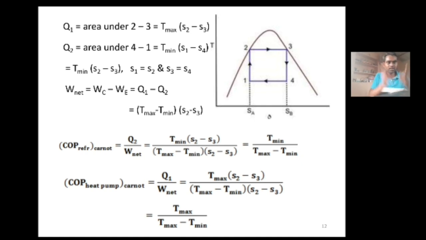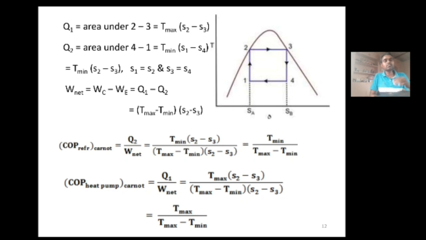Keep that in mind. 4 to 1 is obviously the evaporator, 2 to 3 is obviously the condenser, right? As T minimum, the evaporator temperature, increases, COP will increase, and as T maximum, the condenser temperature, decreases, COP will increase.